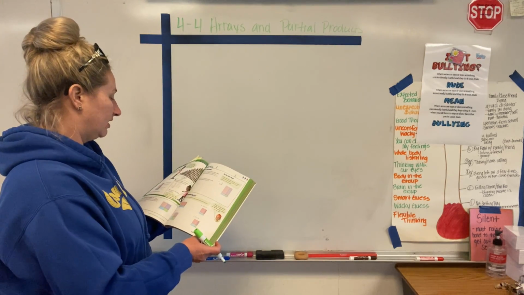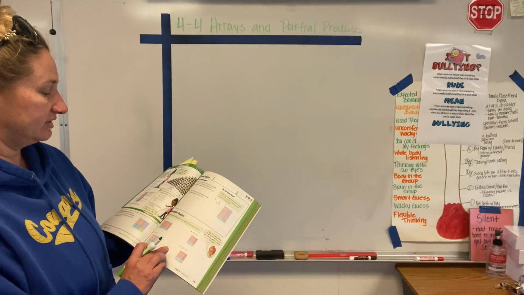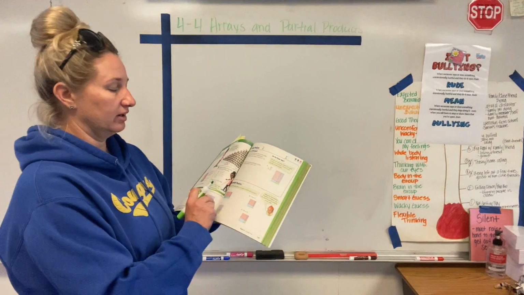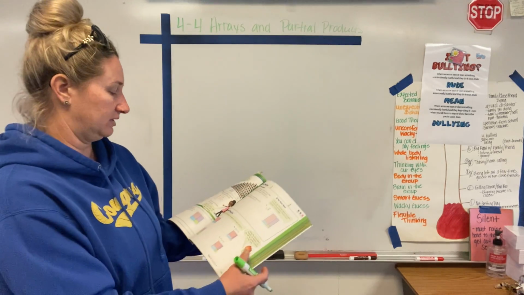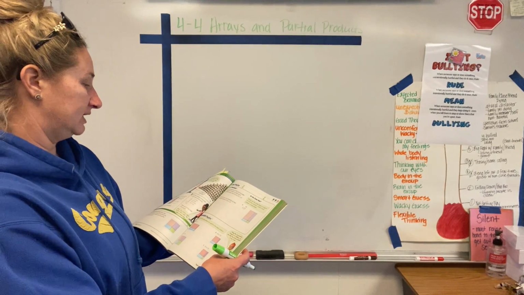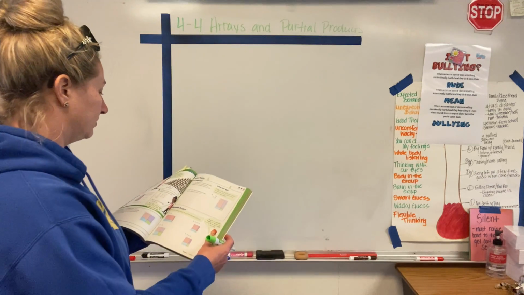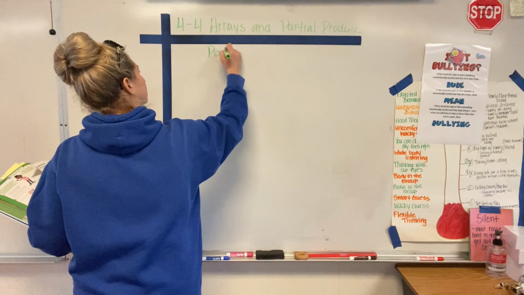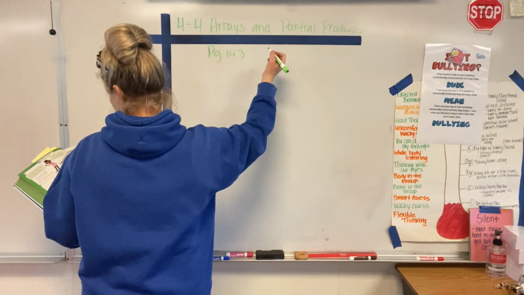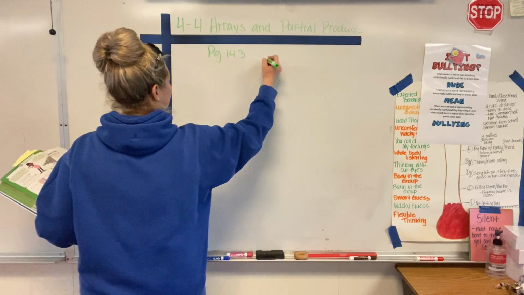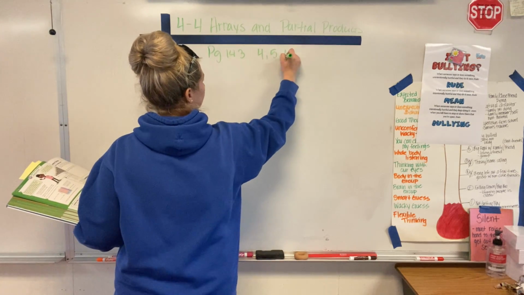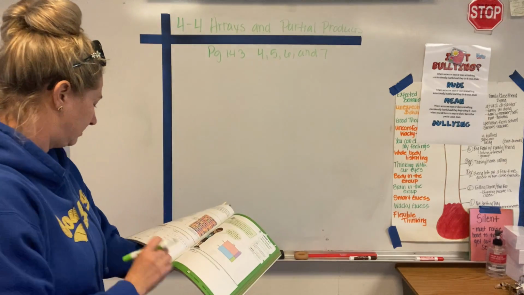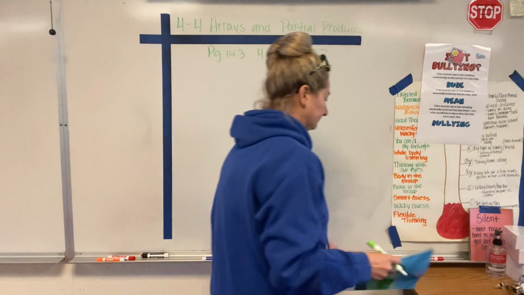They already have the array drawn for you, so you just have to break each number apart into its tens and its ones and put them over the boxes, okay? And then multiply to get the partial products and add them up. So you're going to do on page 143, 4, 5, 6, and 7. And then let's take a look at page 144.